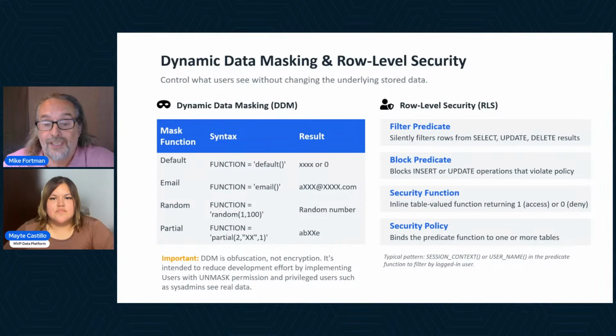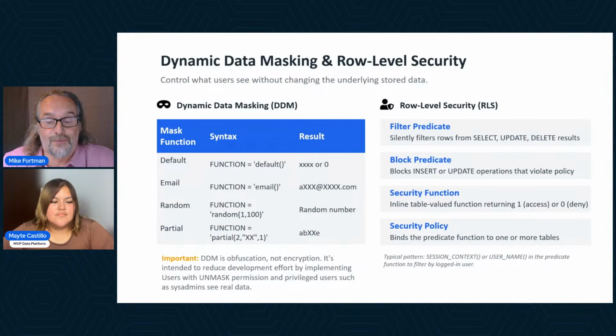And you also made a great point about dynamic data masking. It's not security. If you have a table that has salaries in it, for instance, you might run a query and get a random number for what everybody's salary is. But if you run a query and say, show me everybody that makes more than $50,000, it will tell you. And if you say, show me everybody that makes more than $100,000, it will tell you.